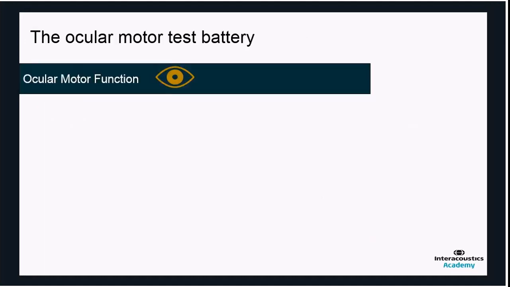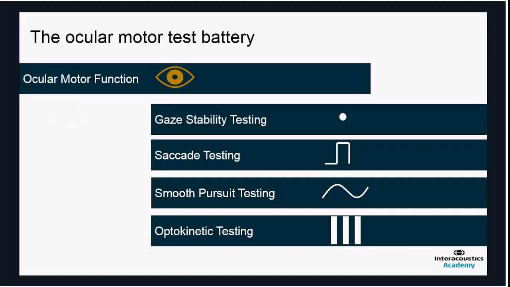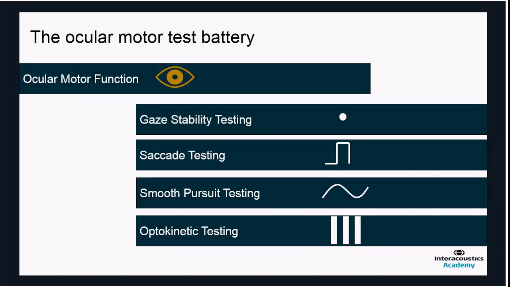So coming back to the oculomotor test battery, initially one would always look at gaze stability, and we can take these piece by piece as we move forward through this presentation, followed by saccade testing, pursuit and tracking testing, and also we can look at optokinetic testing with full field visual stimuli.